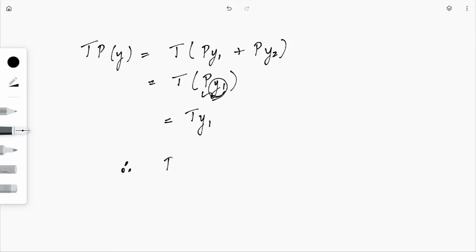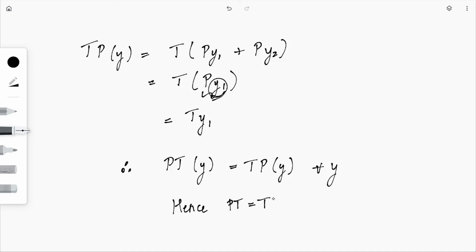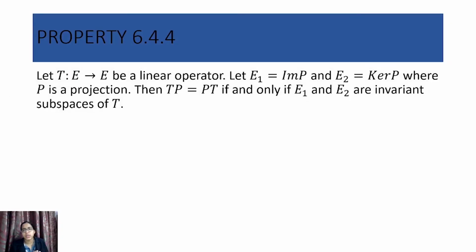Both are same, so I get PT acting on y is equal to TP acting on y for every y. Y was chosen arbitrarily, hence I get PT equal to TP. Okay, so this is how we have proved the commutativity of an operator and the corresponding projection.